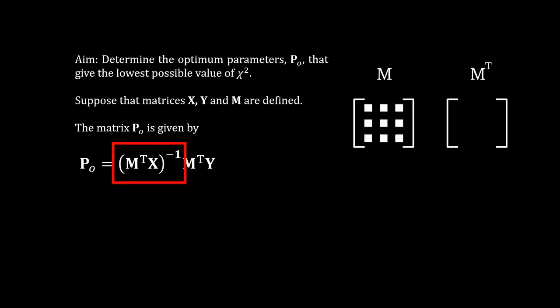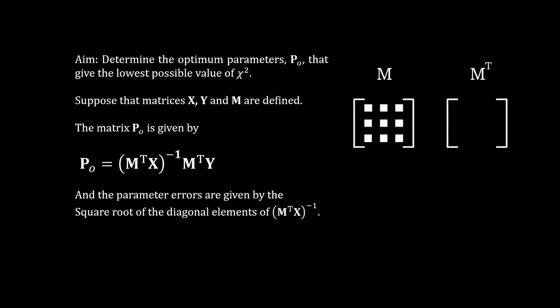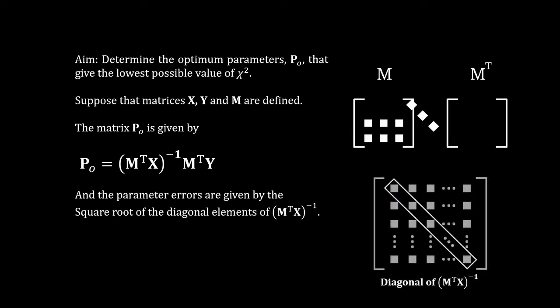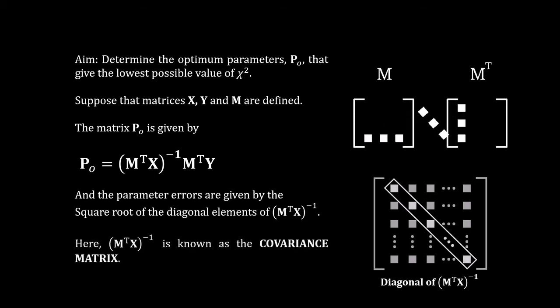This can be easily done using Excel or various other math tools. The parameter errors are given by the square root of the diagonal elements of the covariance matrix. Here, the covariance matrix is given by the inverse of the matrix multiplication of transpose M and X.